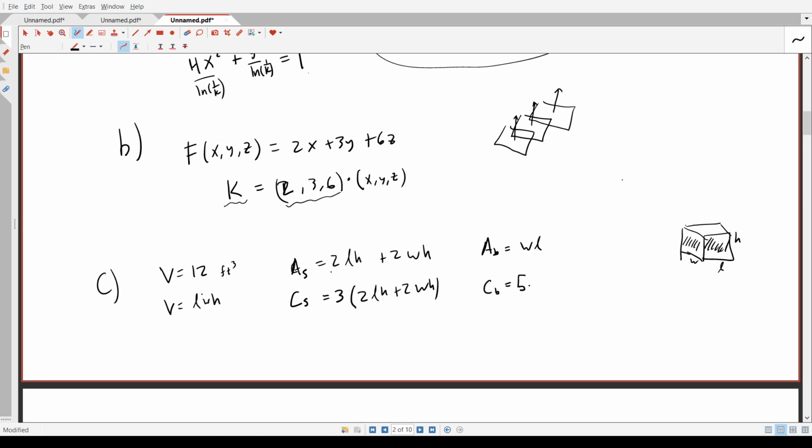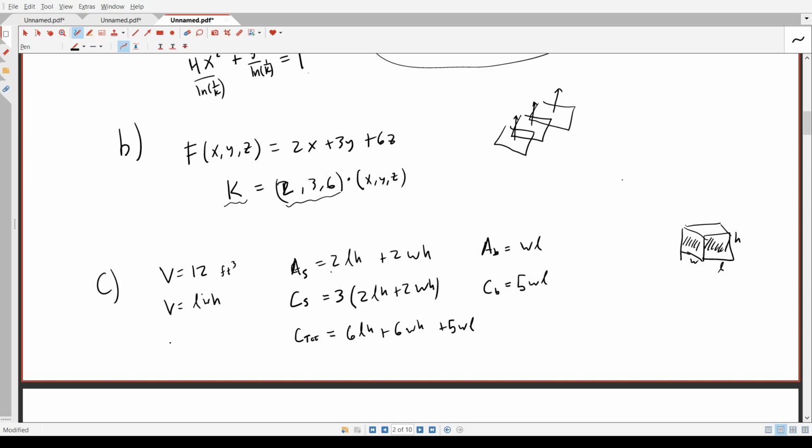So that's going to be 5 times W times L. Okay, so the total cost is going to be 6 LH plus 6 WH plus 5 WL.